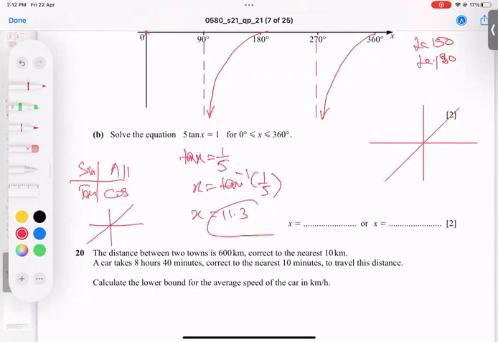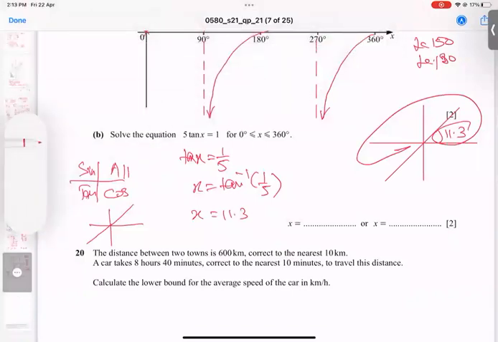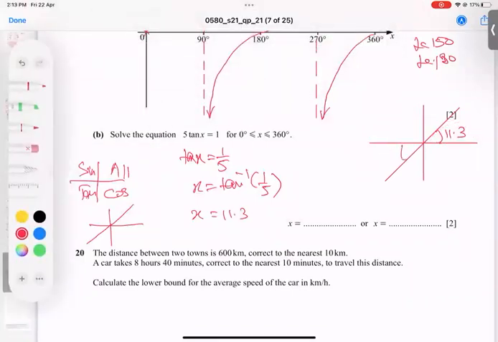So this angle I'm getting here is 11.3, and naturally this angle and this angle are the same, so I'm writing it here. So what is my first answer? My first answer is this.